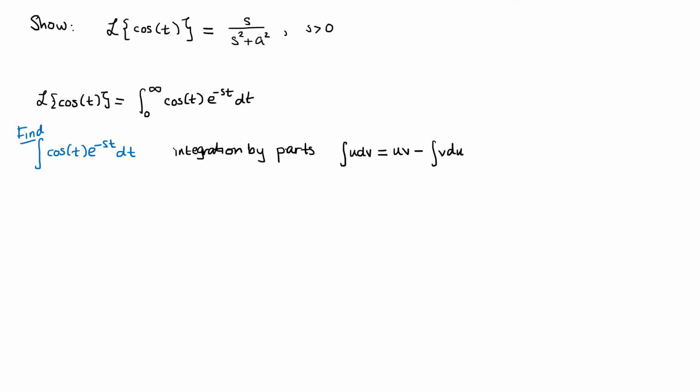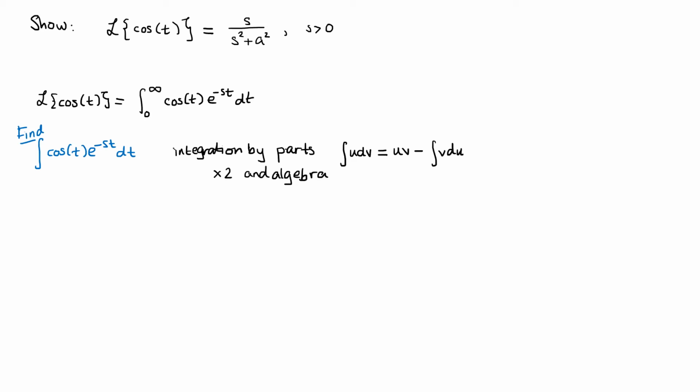Okay, so in this particular instance, we're going to use integration by parts twice and algebra to solve for this integral. This is probably your least favorite part of the integration by parts section.